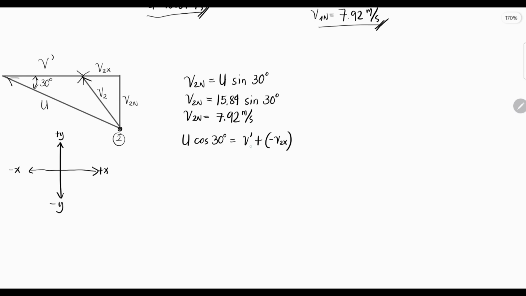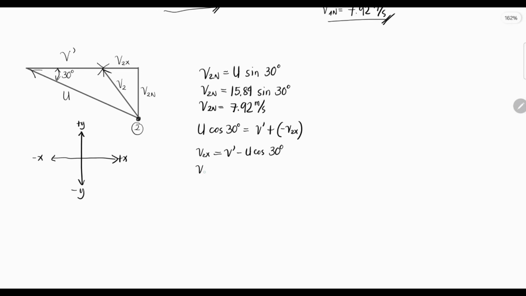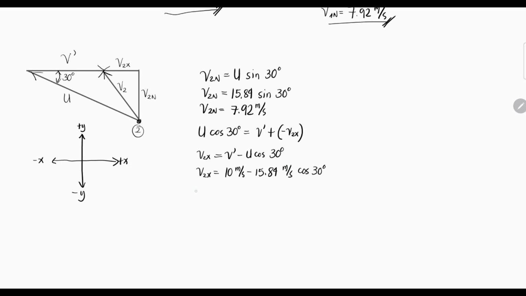So, to solve for V2X, we need to rearrange this equation into V2X, ilipat natin sa kabila, and then ito yung ililipat natin sa kabila. V prime minus U cosine 30 degrees. Therefore, supplying the necessary values, V prime is 10 meters per second minus 15.84 meters per second cosine 30 degrees. Therefore, V2X is equal to negative 3.72 meters per second.